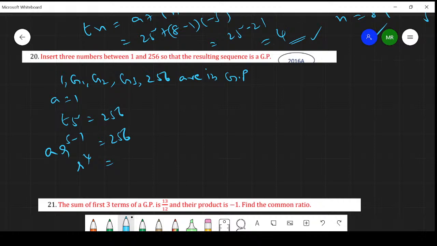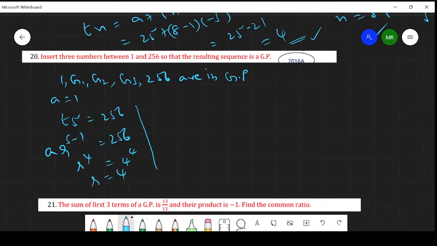Because I am trying to find the R value, I can write this in terms of 16: 16 square means 4 power 4. Is it 4 power 4? Correct? Then I can compare: A value 1, 5 minus 1, R power 4, and this is 4 power 4. From this I get that R is equal to 4. We got R is equal to 4. Correct?